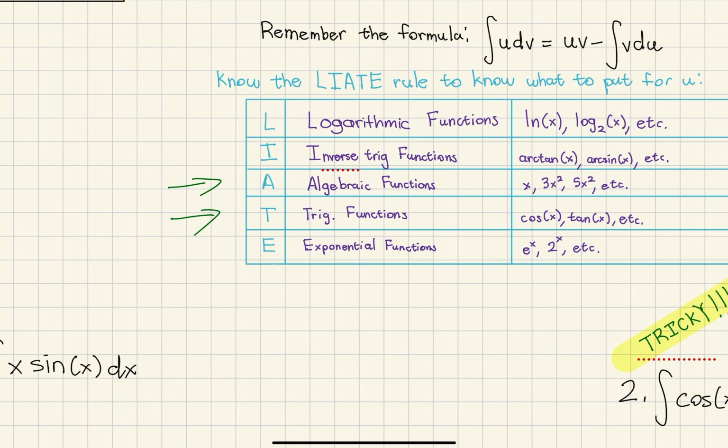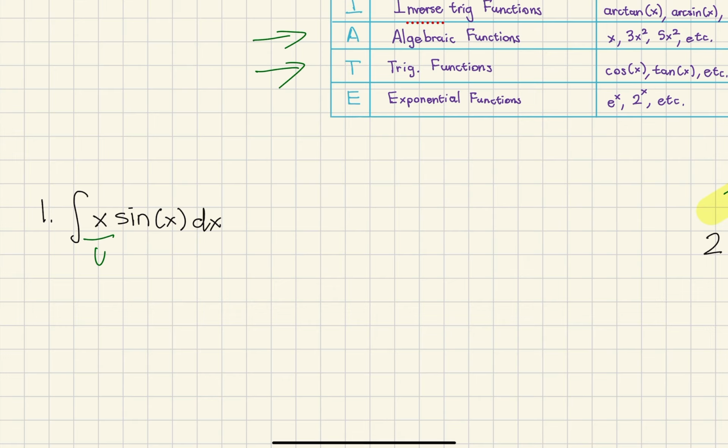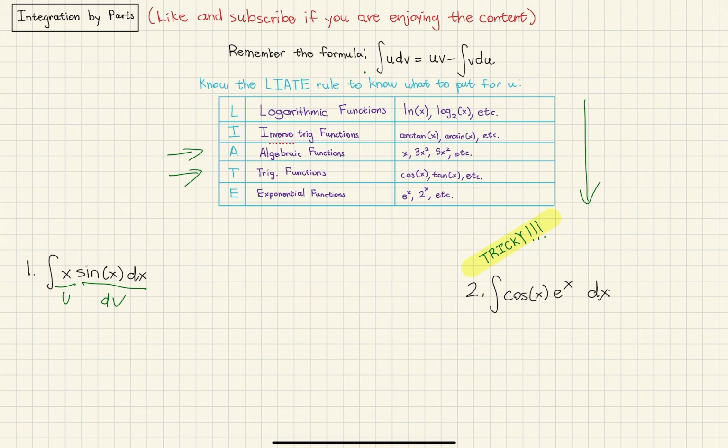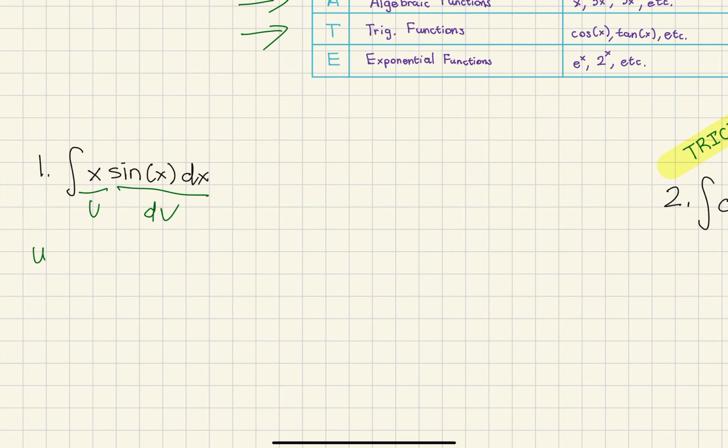So the algebraic functions would take precedence, and therefore x is the u, and the other part, sine x dx, would have to be the dv to satisfy the original formula. So u equals x, and dv equals sine x dx.